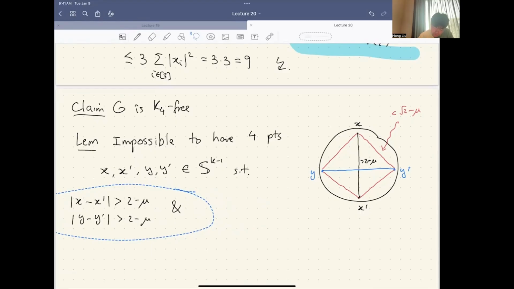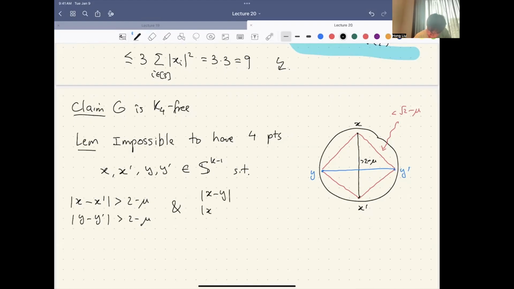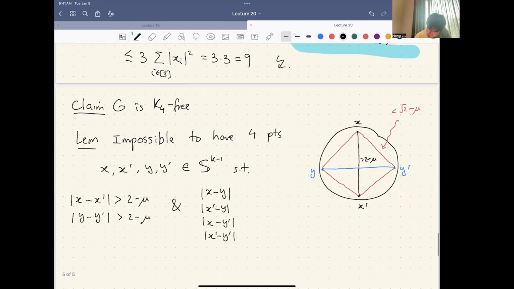We should have all 4 cross pairs, hard to write. So you have x minus y, x prime minus y, x minus y prime, x prime minus y prime, all of them less than square root 2 minus mu. Okay.